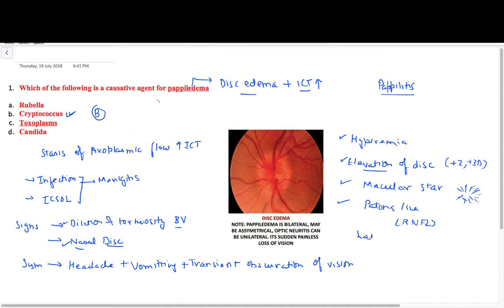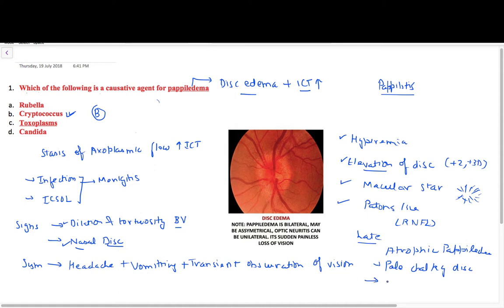In late stages, you get atrophic papilledema. What is atrophic papilledema? Instead of a hyperemic disc, you get a pale chalky disc. This pale chalky disc has no clear cut margins, but it is whitish or yellowish in color.